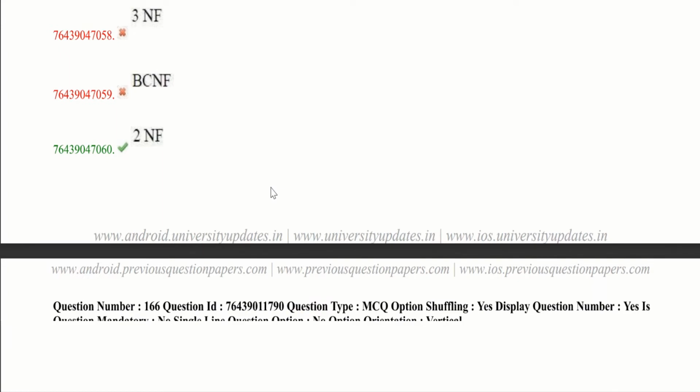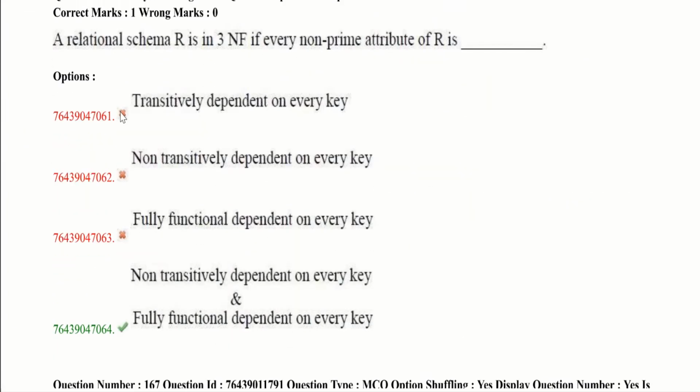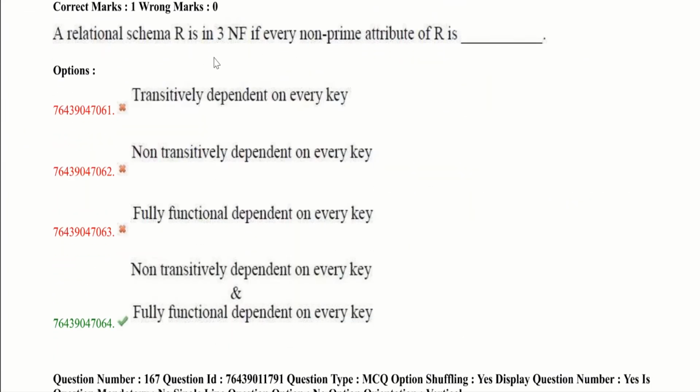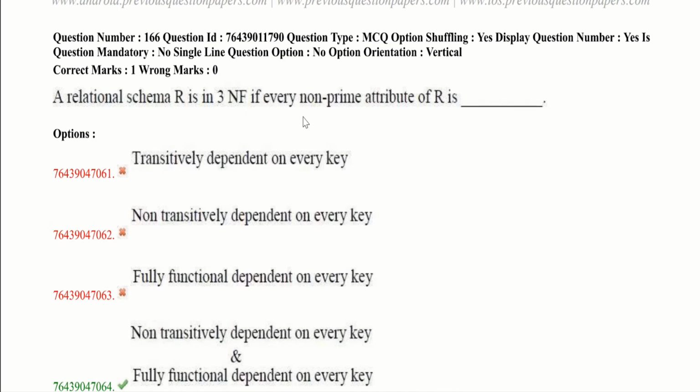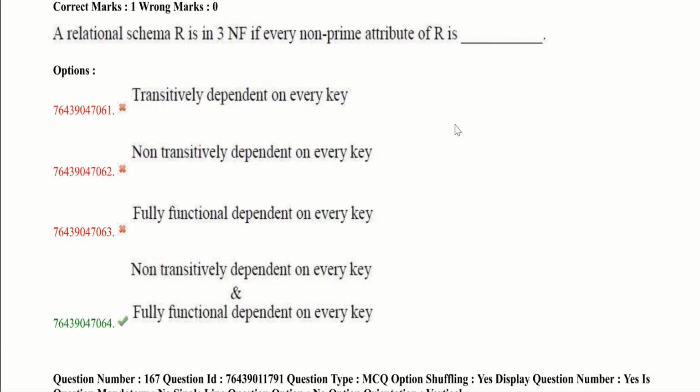Now coming to the next, sixth question. A relation schema R is in third normal form if every non-prime attribute of R is... The question is very logical and tricky. If you don't read all the options, you would directly select the second option over here.